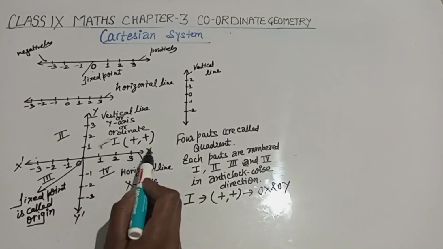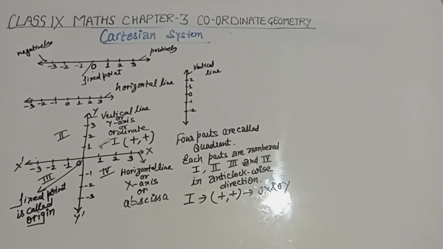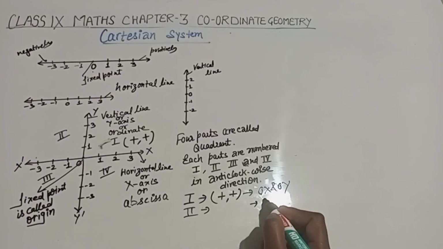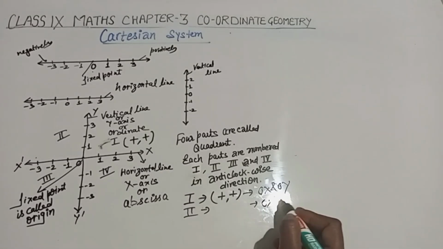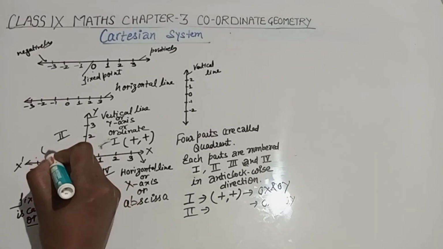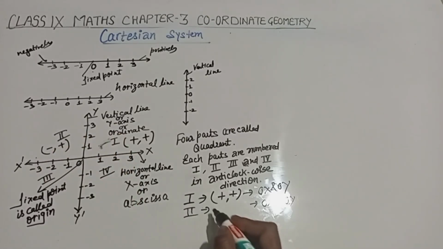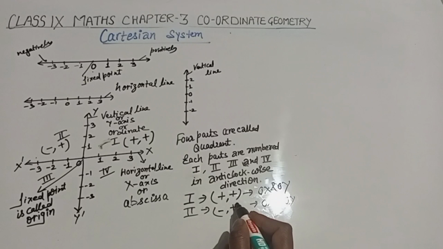OX is positive and OY is also positive. Next, in the second quadrant we have OX dash and OY. OX dash is negative and OY is positive. It means minus and plus.